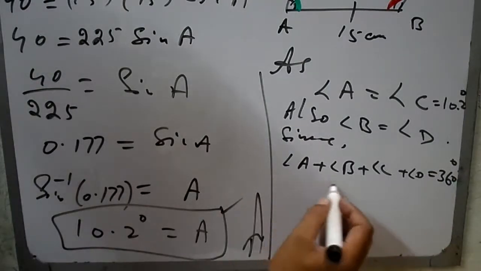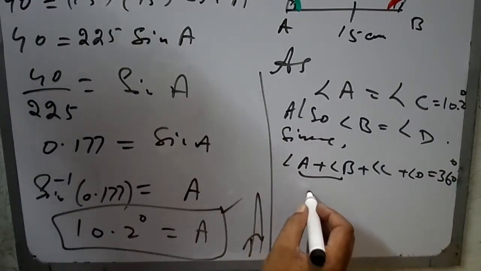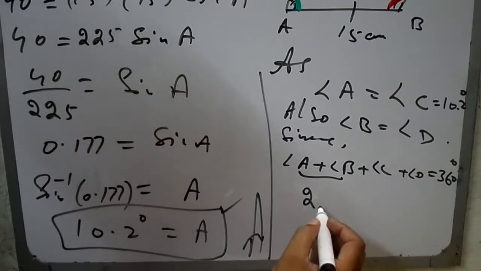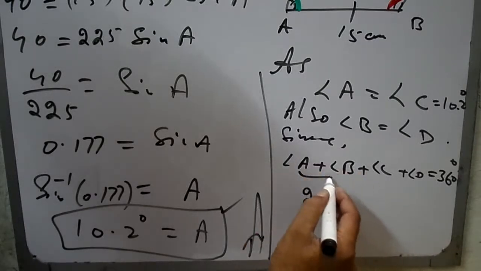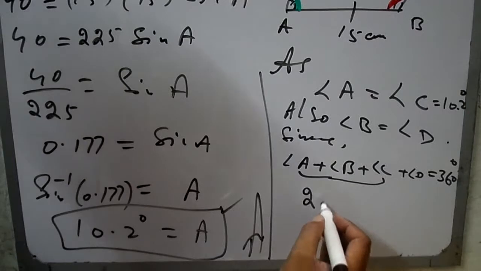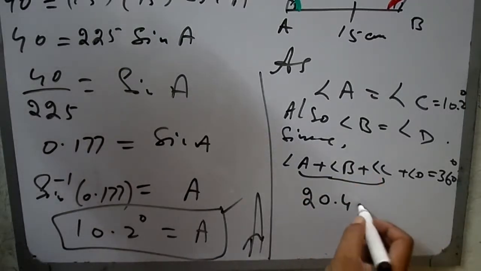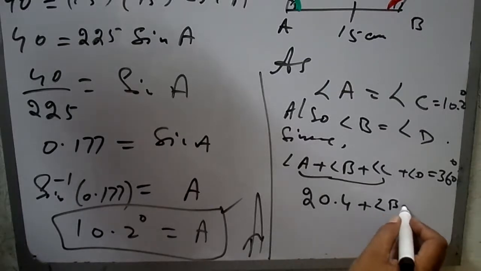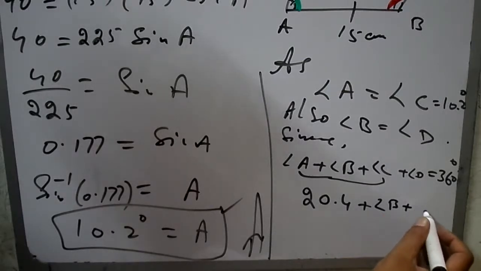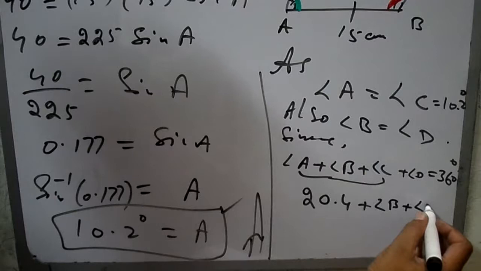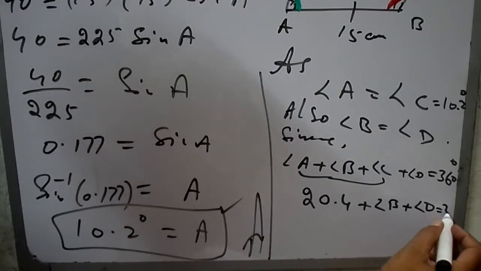Two angles we have already known, A and C both having similar angles, so 10.2 plus 10.2 gives you 20.4, plus angle B and angle D remains, equal to 360 degrees.